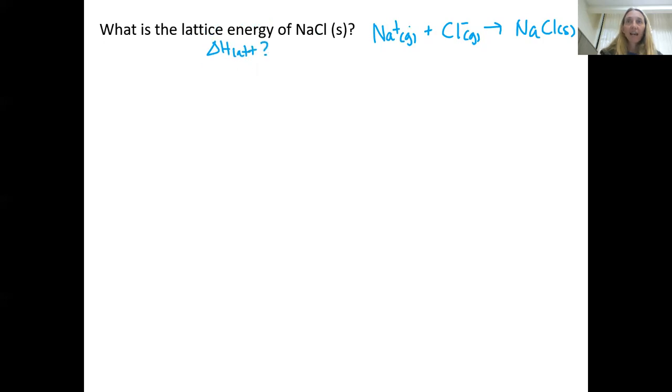So I want to find the energy of this reaction. The first thing I'm going to do is start with something that we talked about many chapters ago, delta H of formation. I'm going to start with the delta H of formation of sodium chloride, and you have a table in your book with delta H of formations.